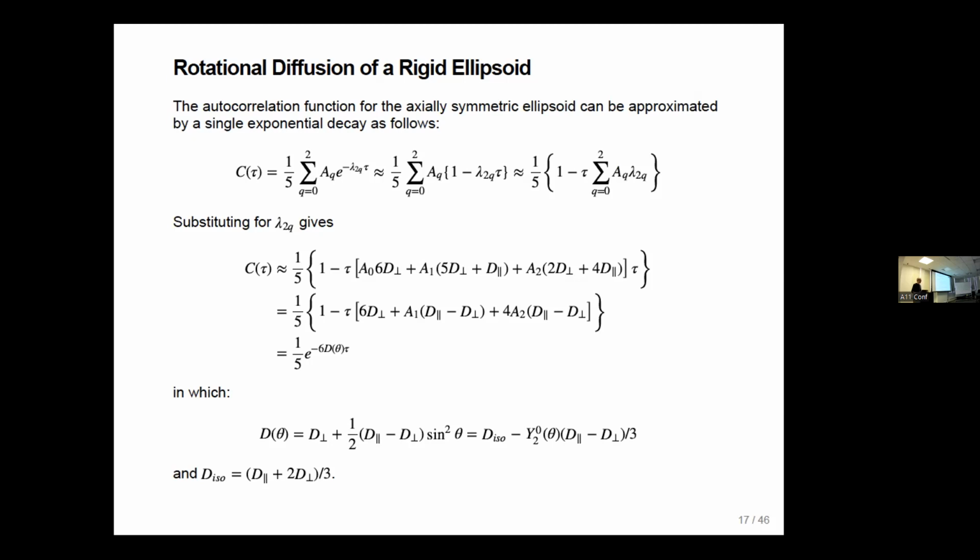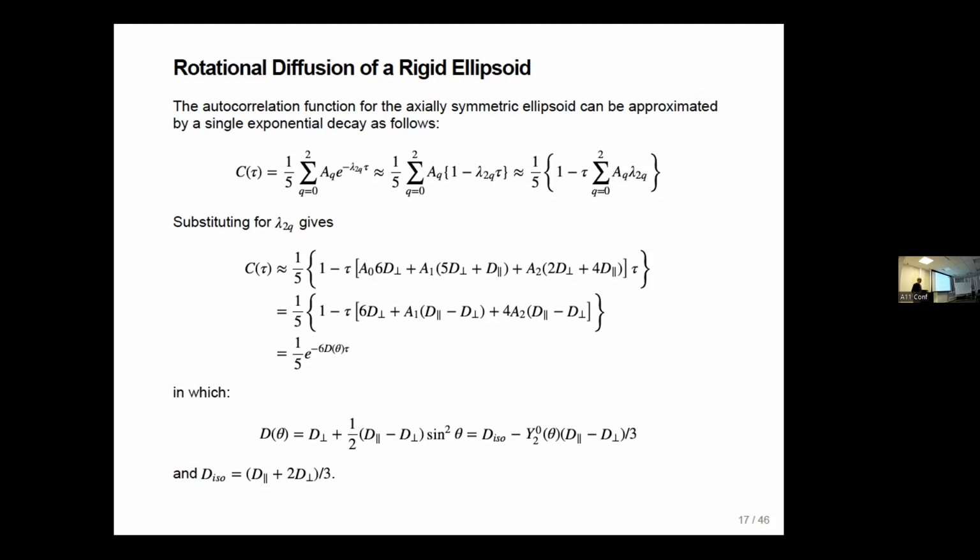And the key idea is that if asymmetry isn't too large, then each NH group can be represented as if it's tumbling isotropically with a single exponential decay, but the time constant varies depending on where you are in the molecule.